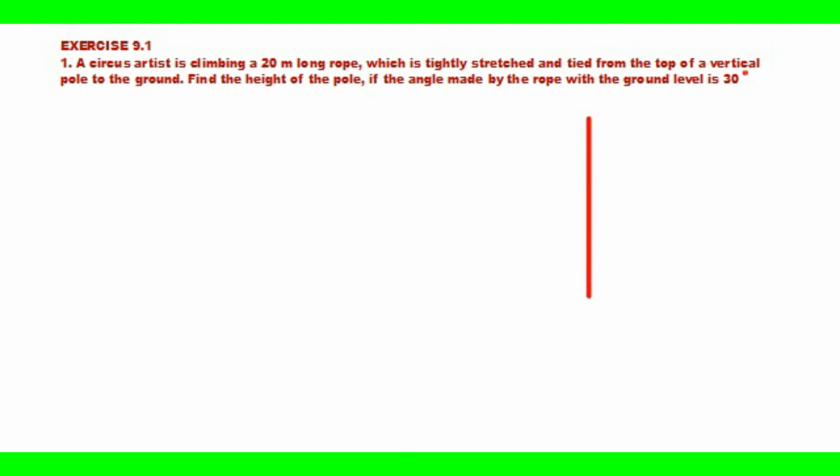And from here, on the ground, this is the ground level, and from the ground a rope is tied like this, and the question says this is making an angle 30 degree with the ground. So this angle is 30 degree.